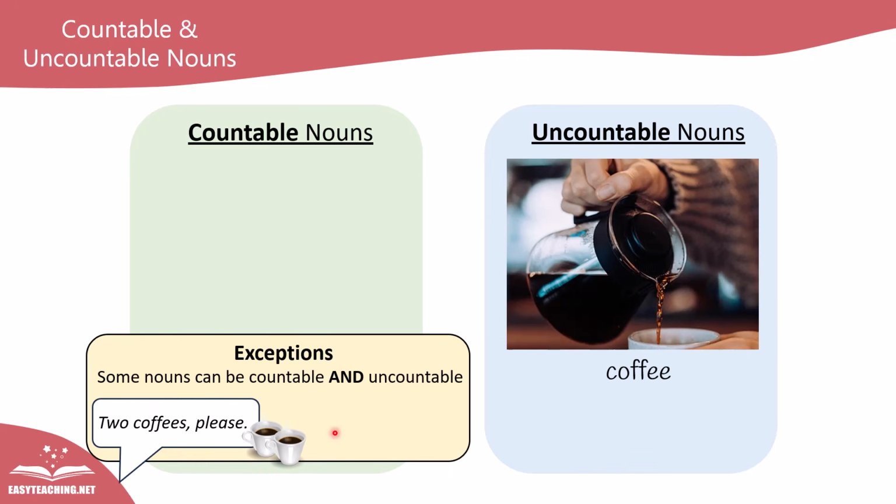Even though coffee is uncountable, I've used the plural form coffees. Can you guess why? Well, it's because when I say 2 coffees, I'm actually asking for 2 cups of coffee. For the same reason, I could ask for 2 waters if I'm asking about bottles of water.